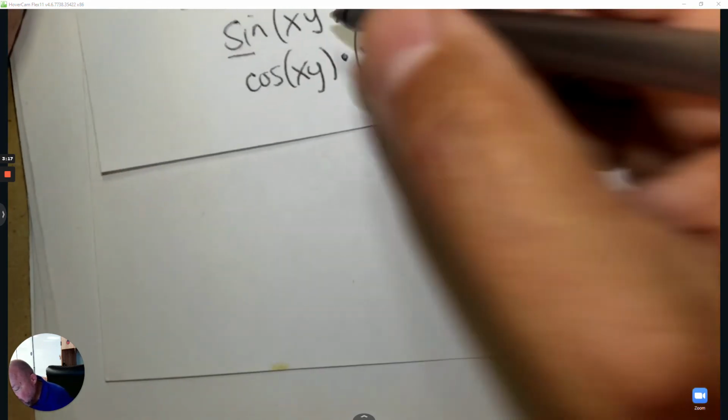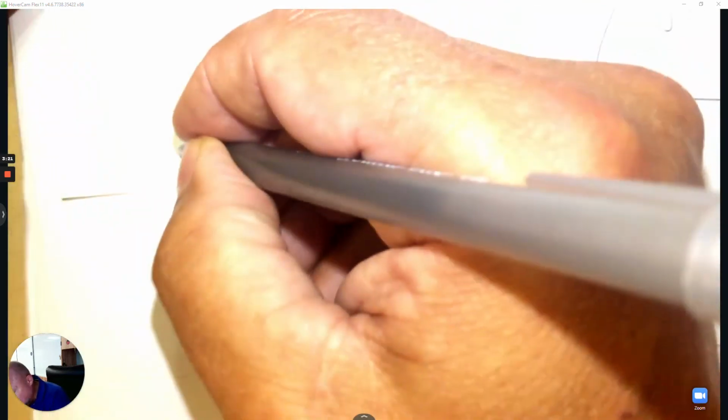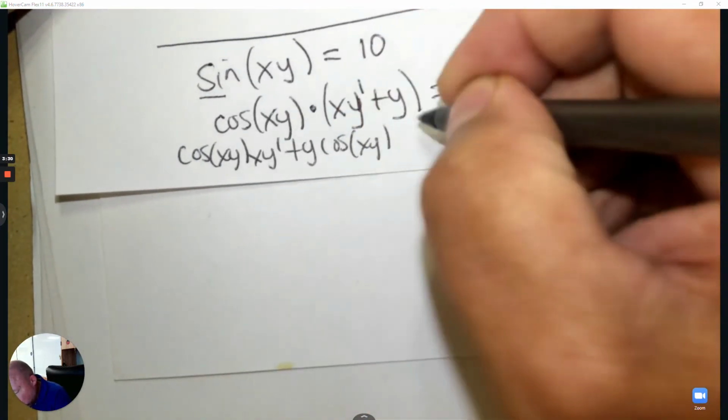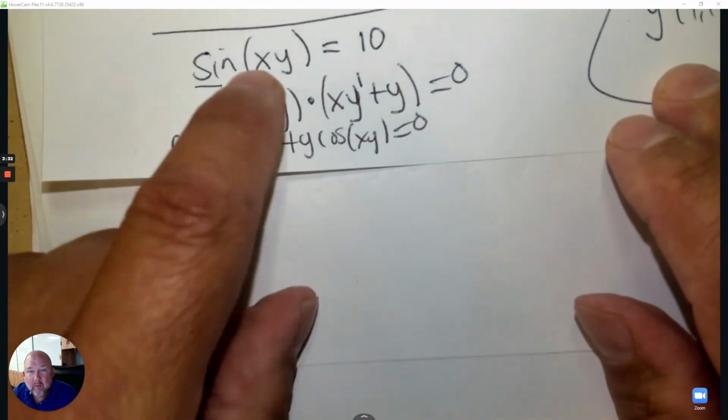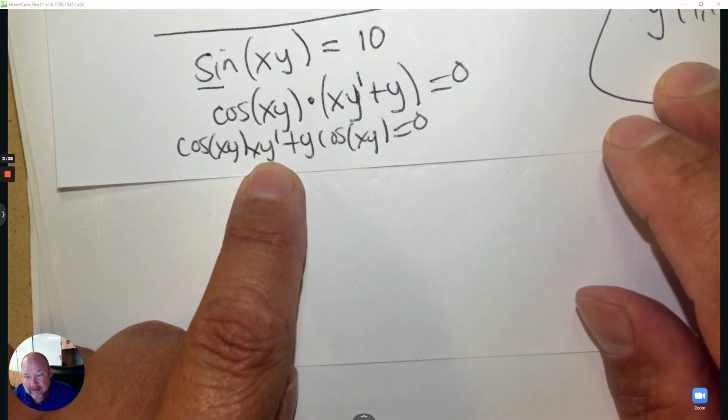So in this situation, this is what I would do. I would distribute. And then once you distribute to both, then you can subtract and divide.